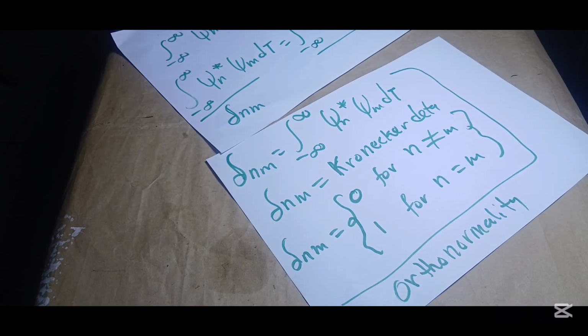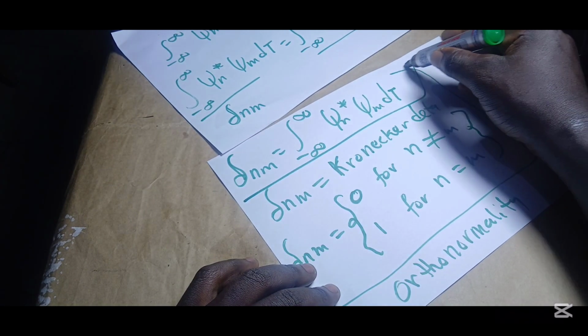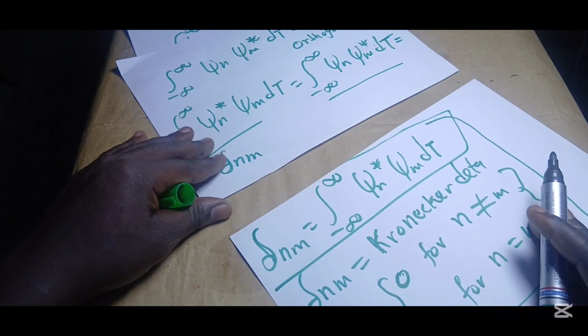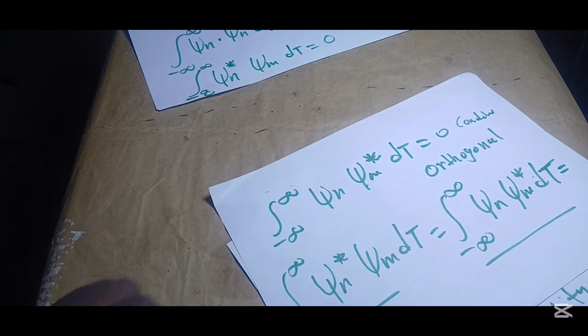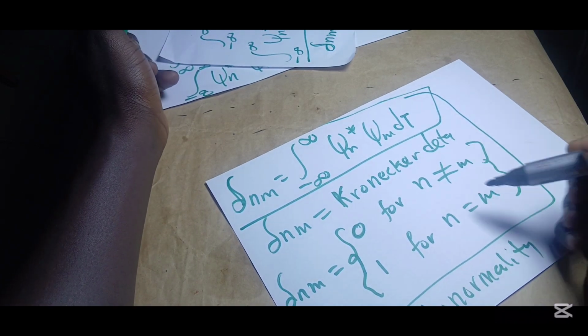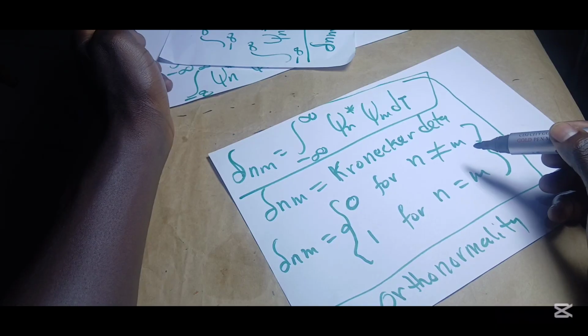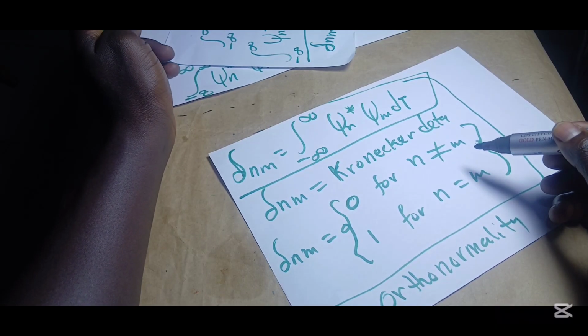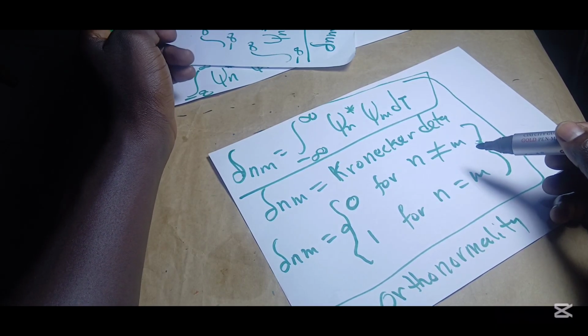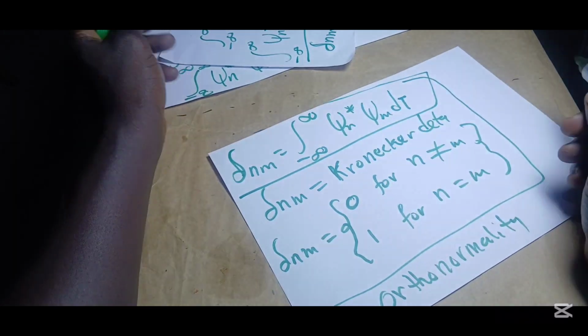Wave functions that satisfy this are said to be orthonormal to each other. So that is what you should know here. If you integrate and the result gives you 1, it means the two wave functions are equal, identical. But if the result gives you 0, then n and m are not equal, and the two wave functions are not identical.